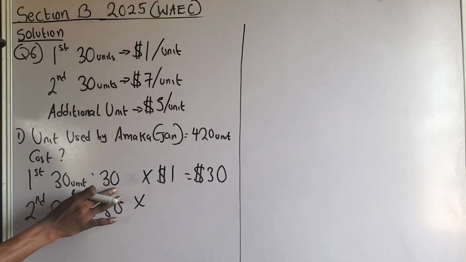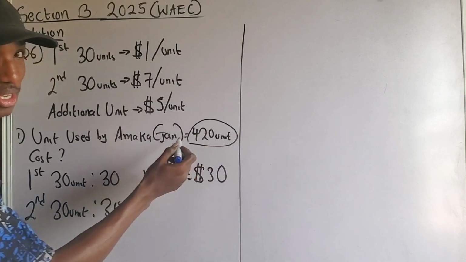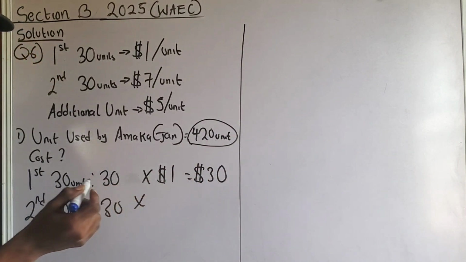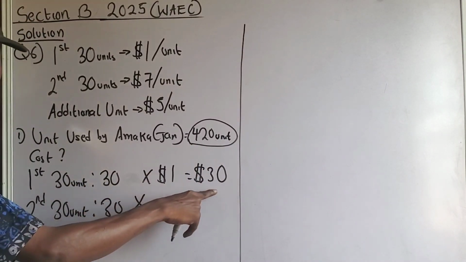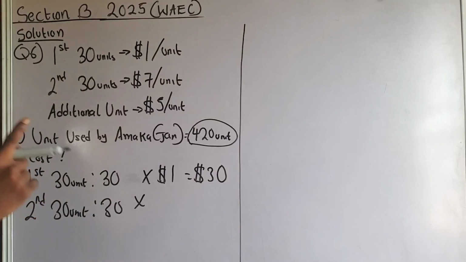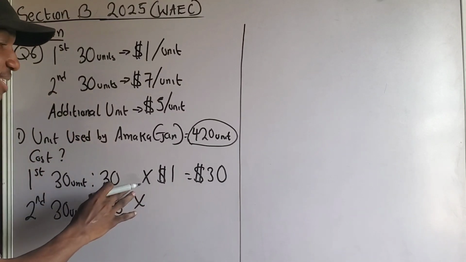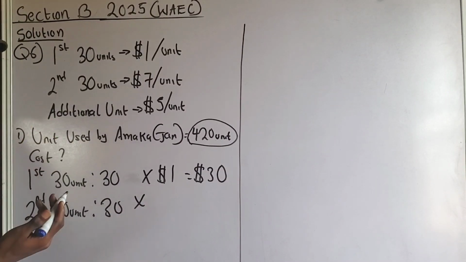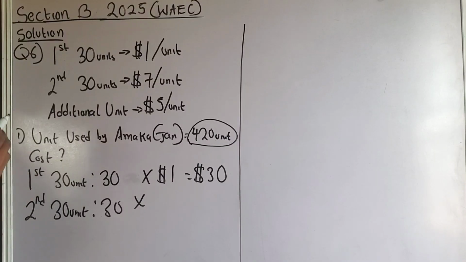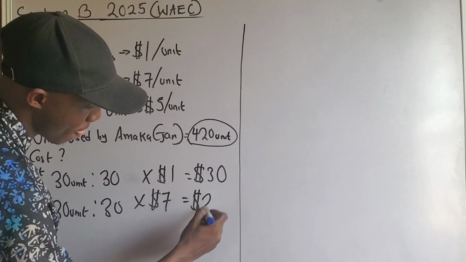The goal is to calculate the cost of 420 units of electricity. We first calculated the first 30 units as $30. But the cost of the next 30 units will be $7 per unit, so that is 30 times $7, which is $210.